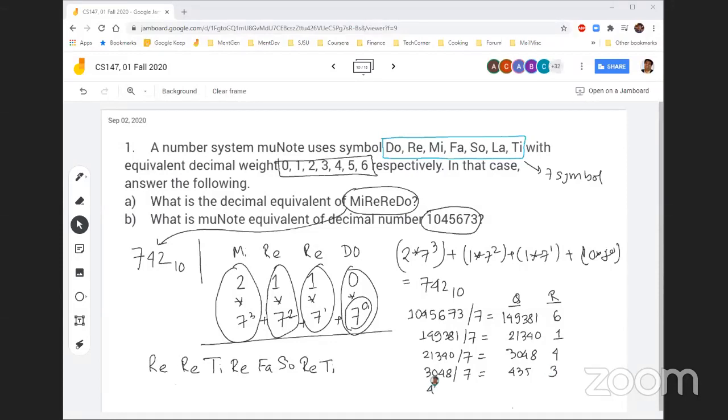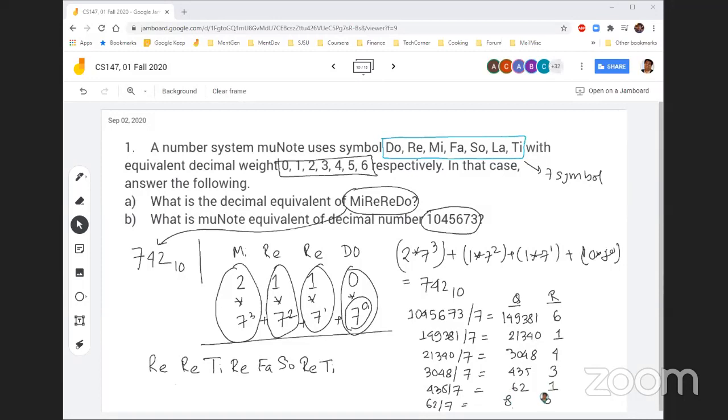Then 435 divided by 7 is 62, remainder 1. Then 62 divided by 7 is about 8, and remainder 6.